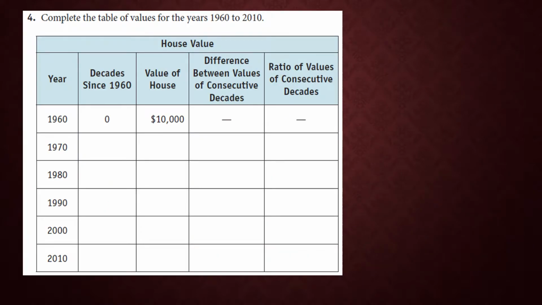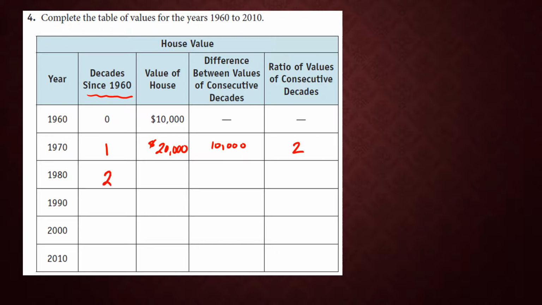Then we need to complete a table of values here from 1960 to 2010. The decades since 1960 started out at 0. Then it was 1 decade since then, and now it's worth 20,000. The difference between consecutive decades is 10,000, and the ratio of consecutive decades, 20,000 to 10,000, is 2.